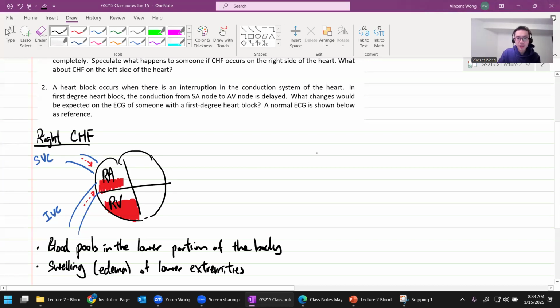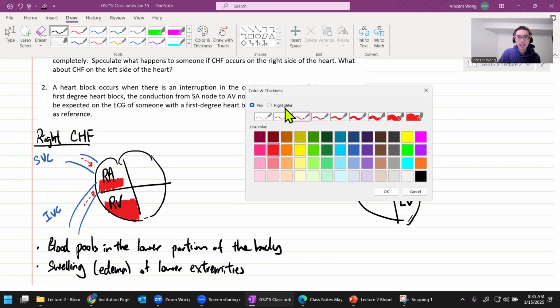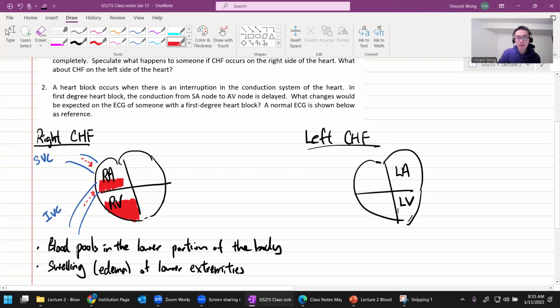Now, if it's happening on the left side, let me just draw this heart one more time. Left congestive heart failure. There we go. Gonna have the left atrium and left ventricle, and this time the blood is not emptying on the left side.